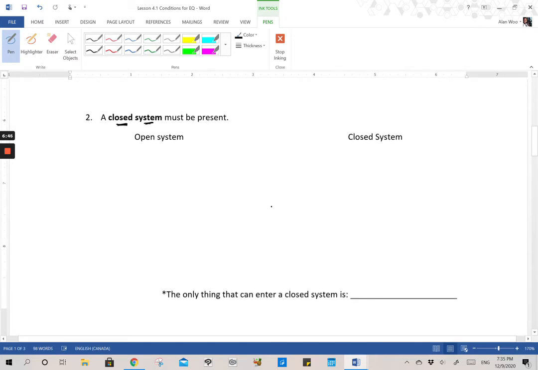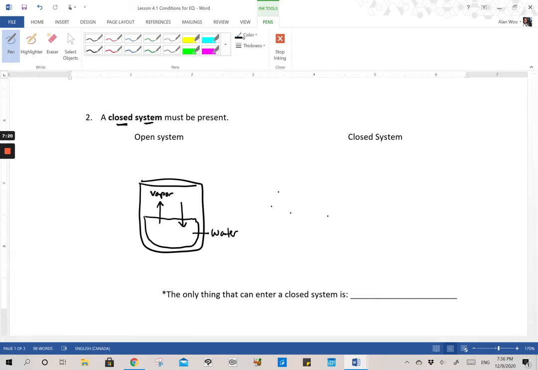So an open system is kind of easy. If we have, let's say, a beaker, and let's say we have a substance inside the beaker. Let's say this is water. Water molecules can evaporate into a vapor, or it can condense back down into water.